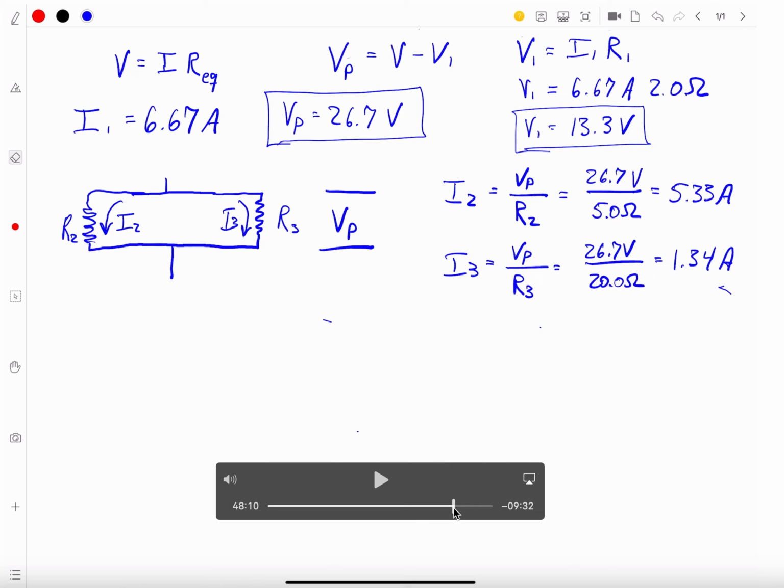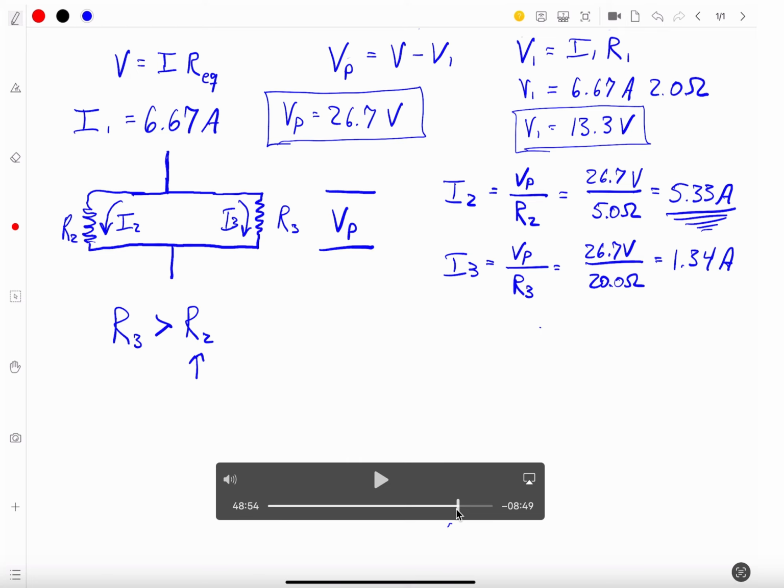Now let's talk about this for a second. Because R3 is greater than R2, most of the current is going to go through R2 instead of R3.